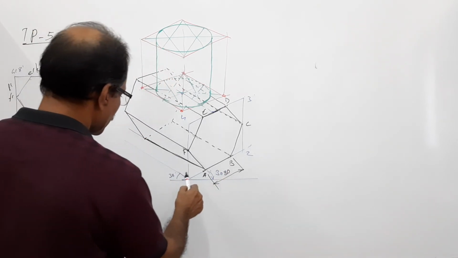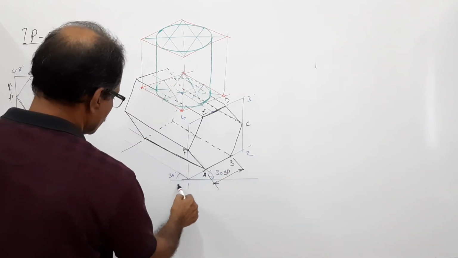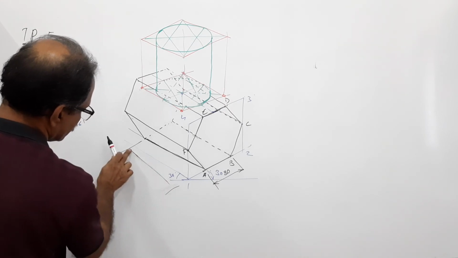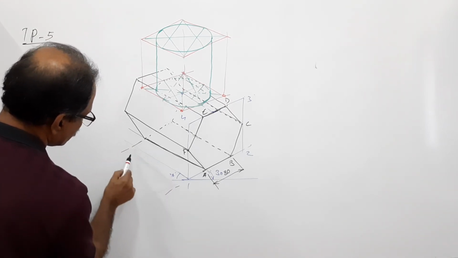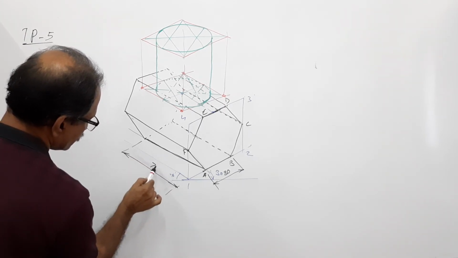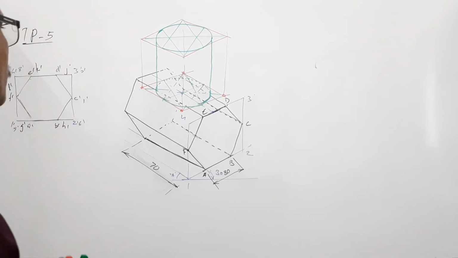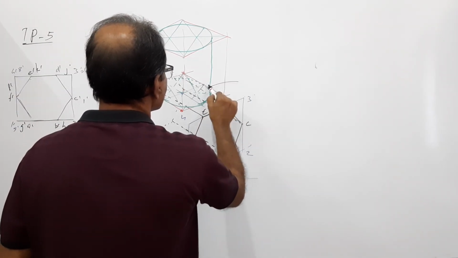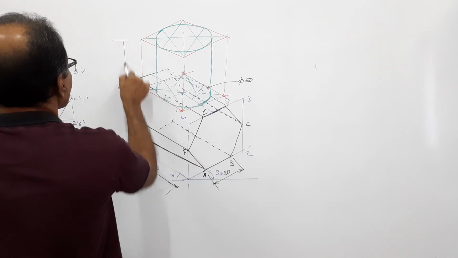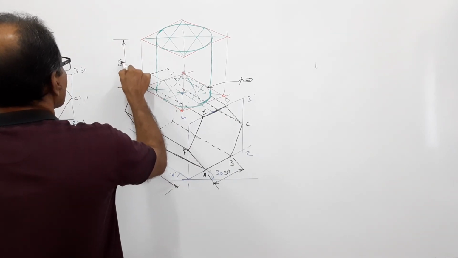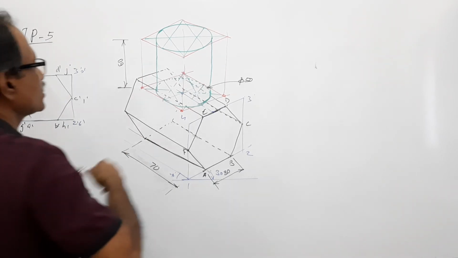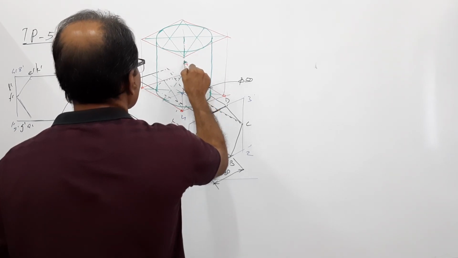30. 70. 50. 60. If you want to mark the axis of the cylinder, that also can be comfortably done.